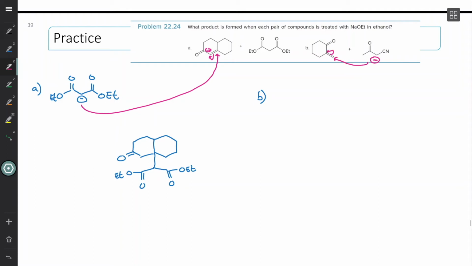Negative charge that gets quenched. So this is untouched, and this adds to my enolate like that.